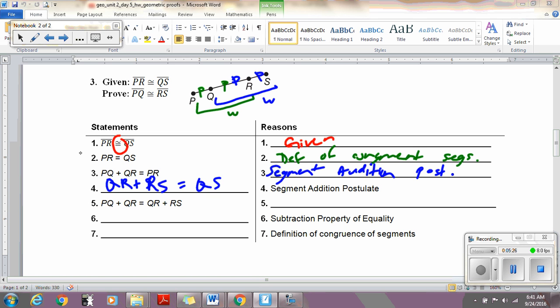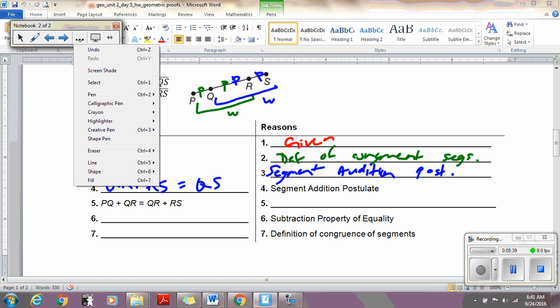Now, in statement 5, we have QR added to both sides of the equation. So that would be the addition property.